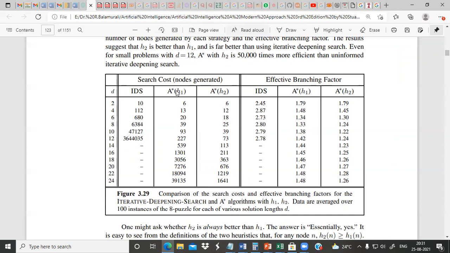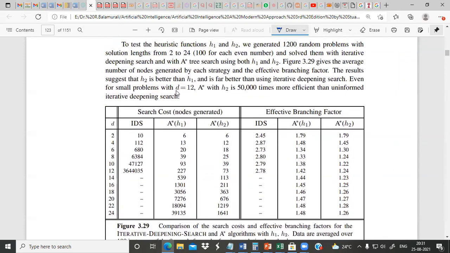Now let us try to understand which heuristic is better than the other. This table shows that, to test the heuristic functions H1 and H2, we generated 1200 random problems, where each random problem has a length from 2 to 24. That means the depth.